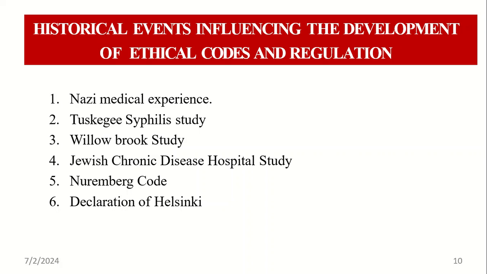After those experiments, the researchers, the organizations, and the human rights organizations became very concerned about ethical rules and regulations, to bring them into practice, to protect the participants and to avoid the risks. So that's why ethical rules, regulations and codes come into the way of conducting research.